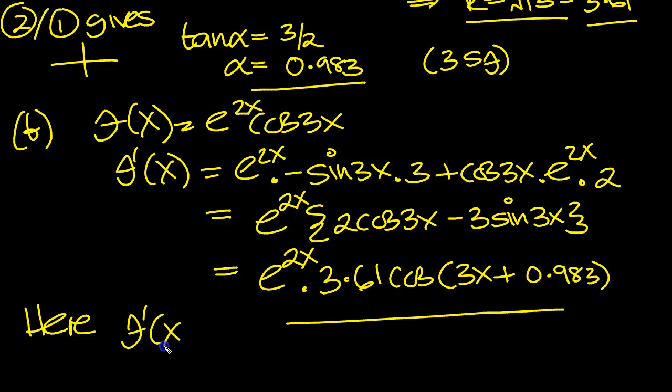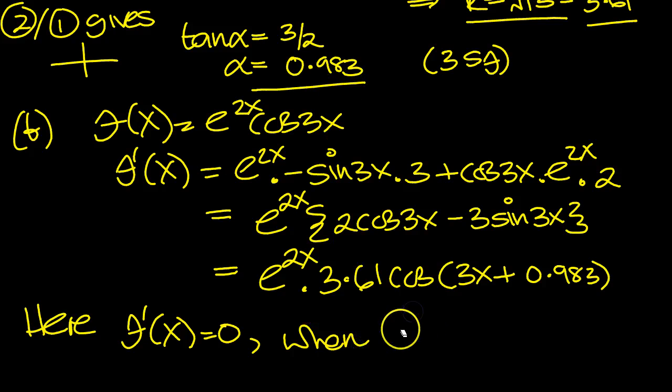f dash of x equals 0 when, so let's have a look at this. This is the form that we had. We should really have written this number in the front because it's r e to the 2x. So this equals 0 when this value is 0, because the exponential never equals 0 for any value of x.